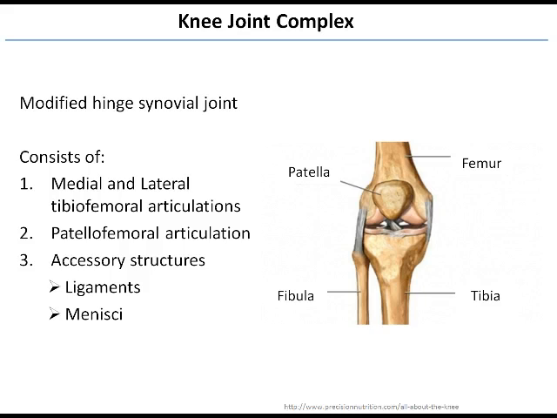Note that the knee joint actually consists of a number of articulations, including the articulations between the femur and the tibia, known as the tibiofemoral articulations, and also the articulation between the patella and the femur, called the patellofemoral articulation. There are a number of supporting structures that help with the load bearing within the knee region. These are known as the ligaments and also the menisci. Let's look at these structures in more detail.